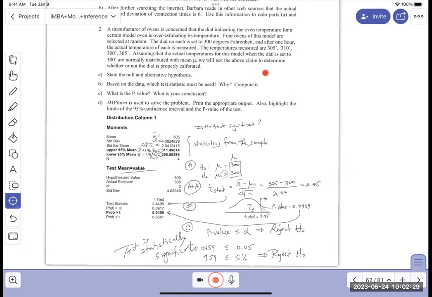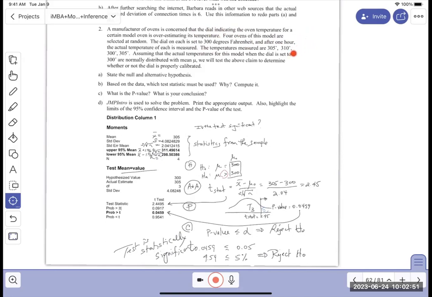All right, so a manufacturer of ovens is concerned that the dial indicating the oven temperature for a certain model oven is overestimating its temperature. 4 ovens of this model are selected at random. The dial on each is set to 300 degrees, and after 1 hour, the actual temperature is measured.